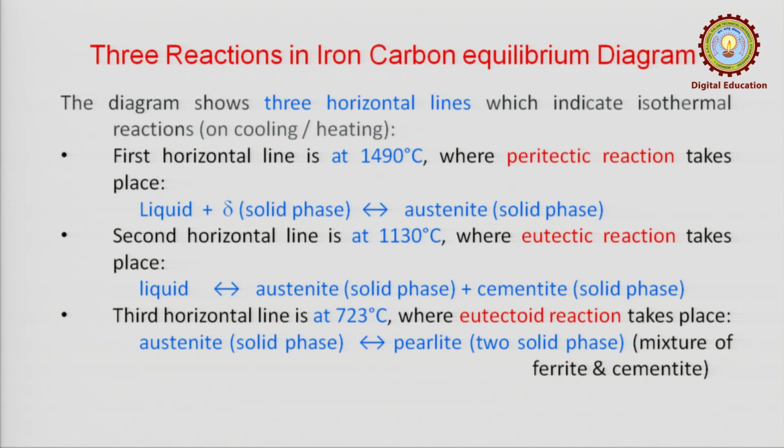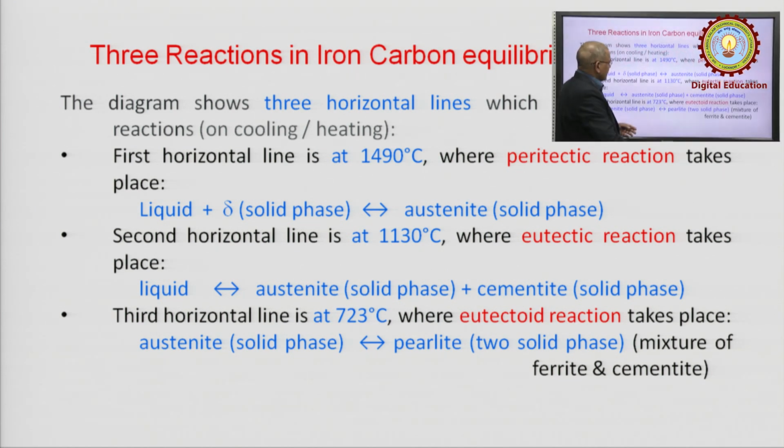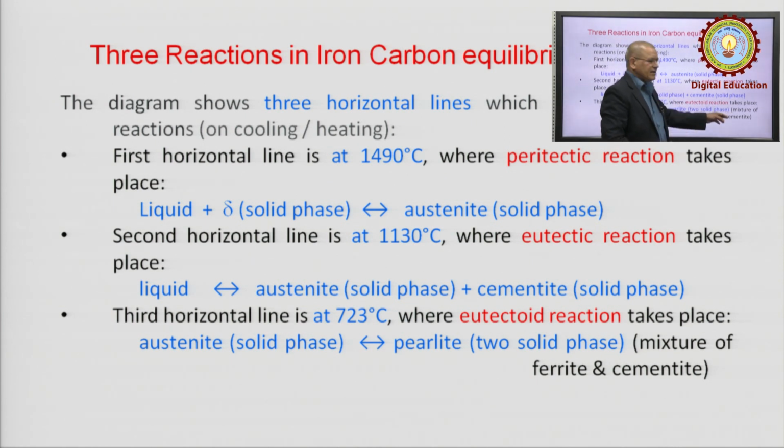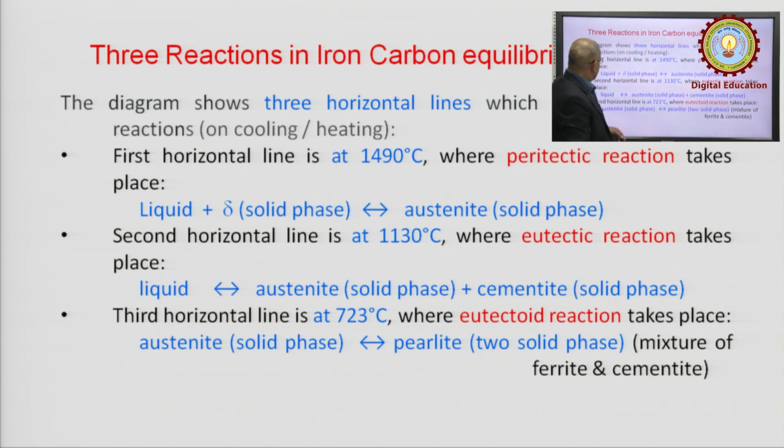Here the one solid phase is austenite, and as we move in this direction on cooling, it will have two solid phases, that means ferrite and cementite. When you rise to the upper side, the second horizontal line is at 1130 degrees centigrade where the eutectic reaction takes place. That means liquid changes into a solid phase of austenite and a solid phase of cementite.